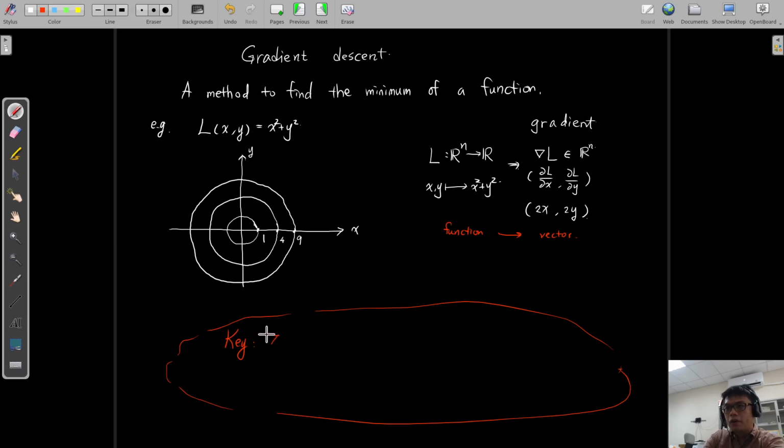Okay, what does this gradient L mean? Gradient L is the direction along which L will increase most dramatically.